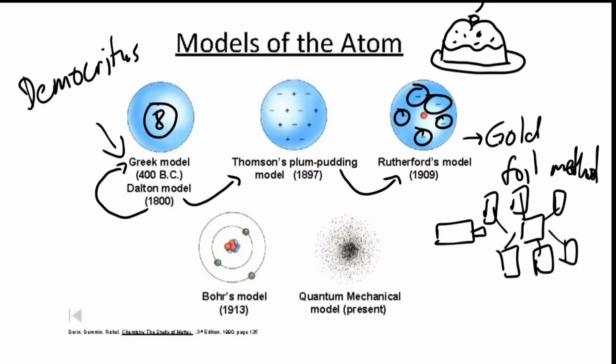Moreover, in 1913, Bohr, a student of Rutherford, used the idea of Rutherford again, but this time Bohr created a new model. If you observe, this model imitates the solar system.